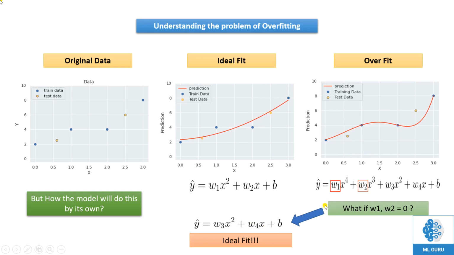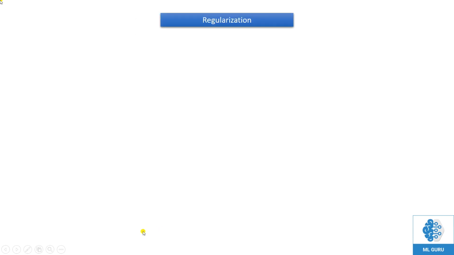But by converting this complex model into a simple model, we have reduced its freedom of flexibility so that it cannot overfit on training data. It will generalize the overall data. Okay, now let's see how we can train our model to do this.